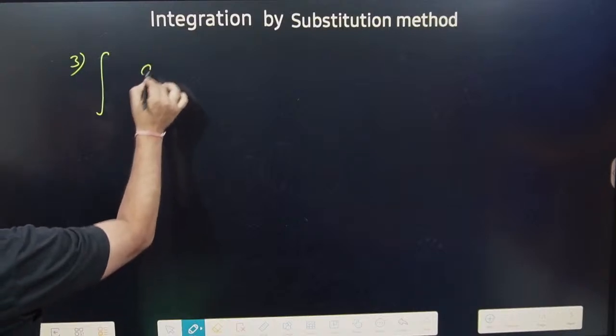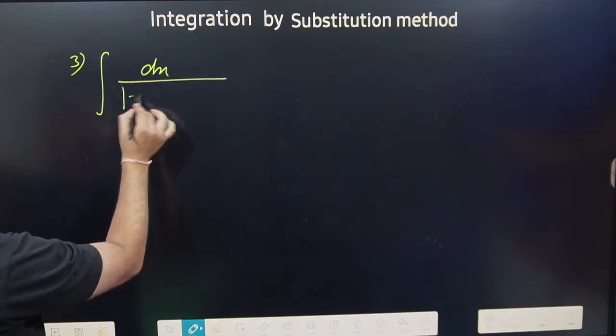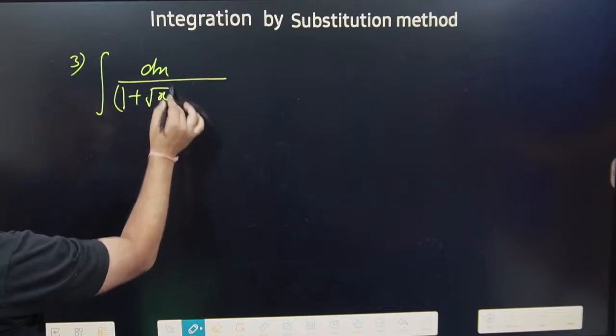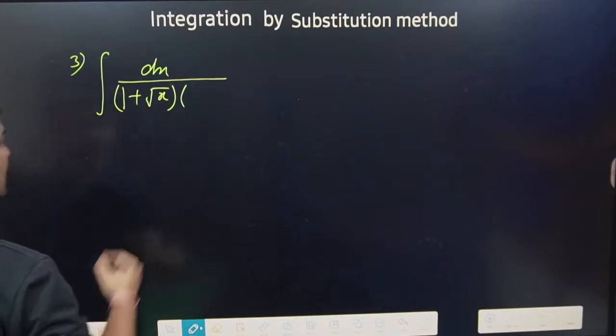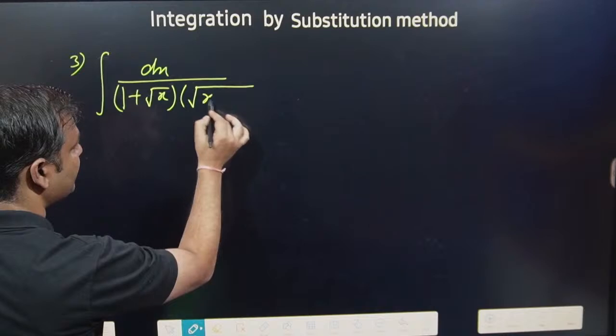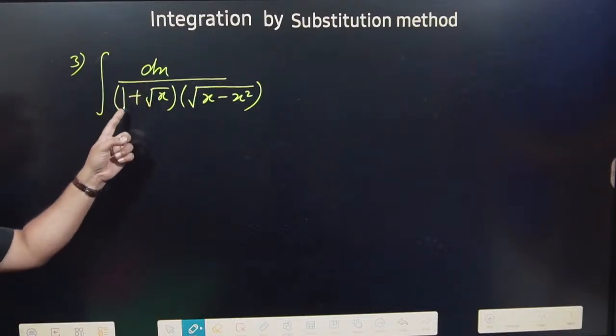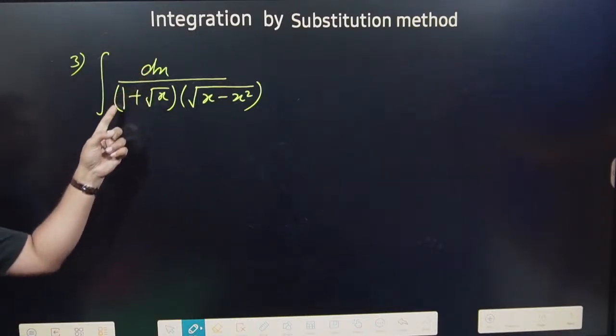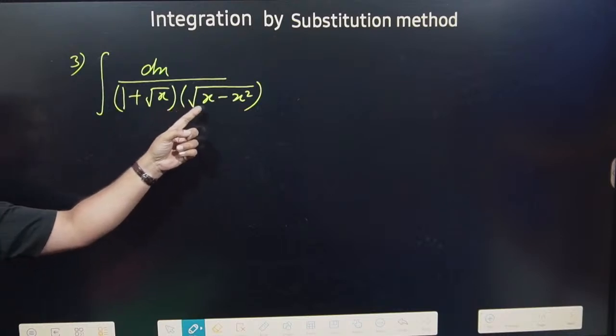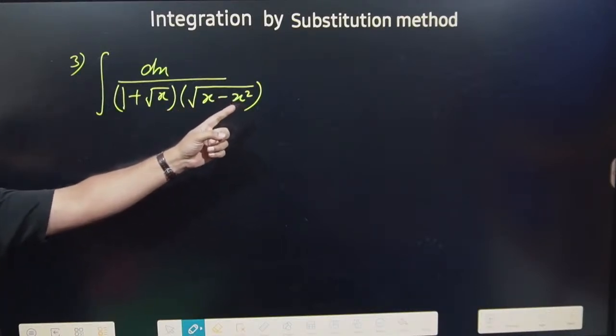Now here dx divided by 1 plus root x plus under root of x minus x square. How can we solve this type of problem? Simply look here very carefully.